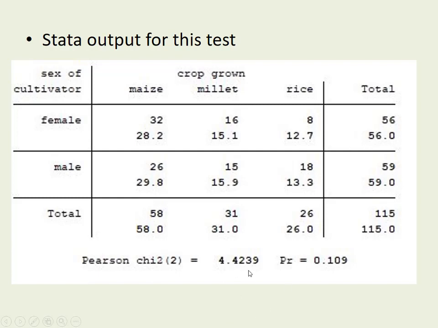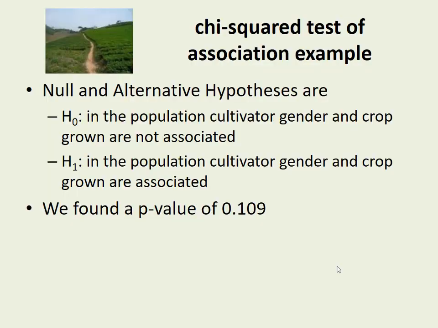The key thing you're looking at always is the p-value. It's saying that if the null hypothesis is true, and sex and crop are not associated, the chance of getting differences as big as these is 0.1, about a 10% chance. From there on in, all the rest of it is exactly the same as any other test. There's the null and alternative hypothesis, the p-value is this.